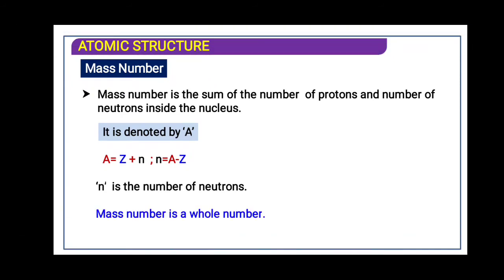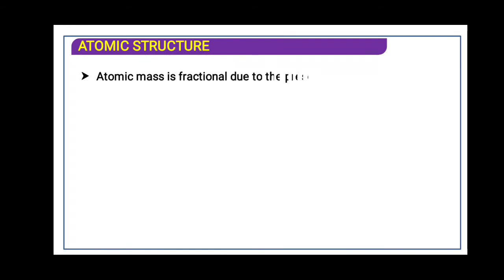The mass number is a whole number. You know very well what a whole number is. Atomic mass is fractional due to the presence of isotopes. Whatever atomic mass is visible to you on the periodic table, as you have seen in the standard 11 science textbook, the periodic table gives the mass of every element, and that mass is in decimal points.